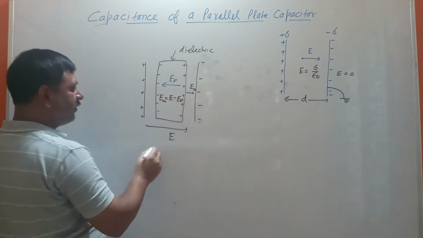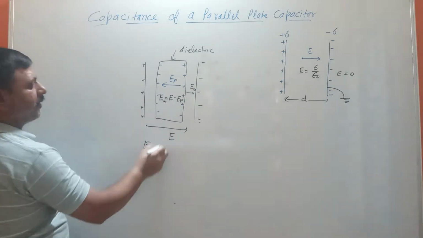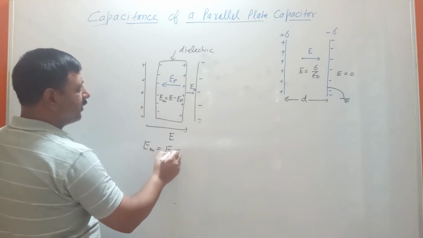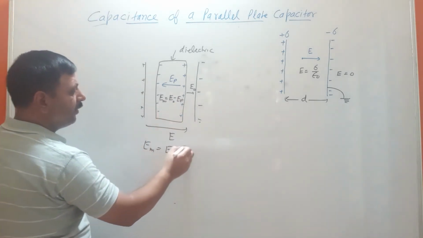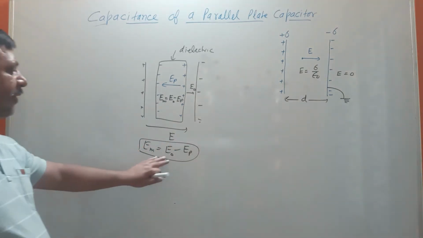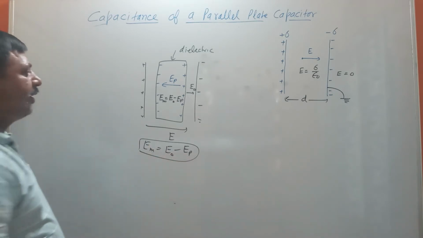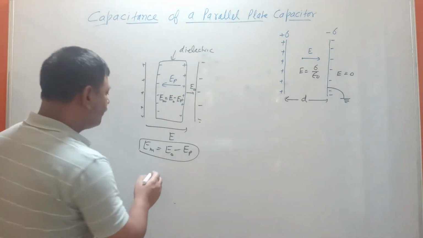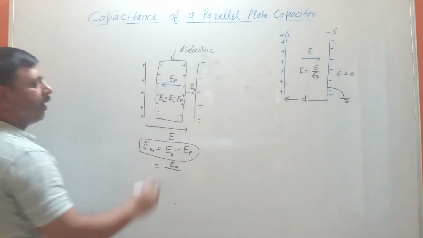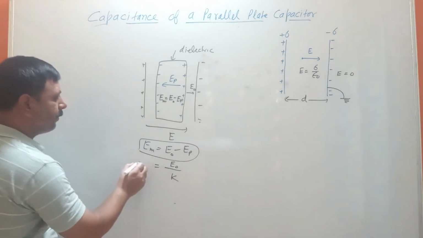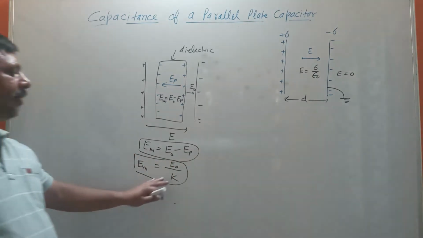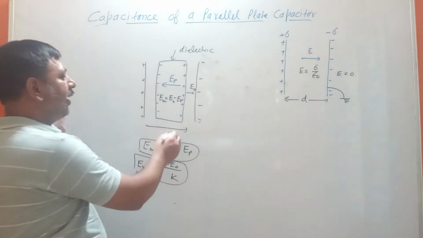So the net field inside the dielectric will be E naught, the external field, minus EP. And what we have seen, this E naught minus EP depends upon the dielectric constant, and is equal to the external electric field upon K. So the electric field inside the dielectric is 1 upon K times the external field.